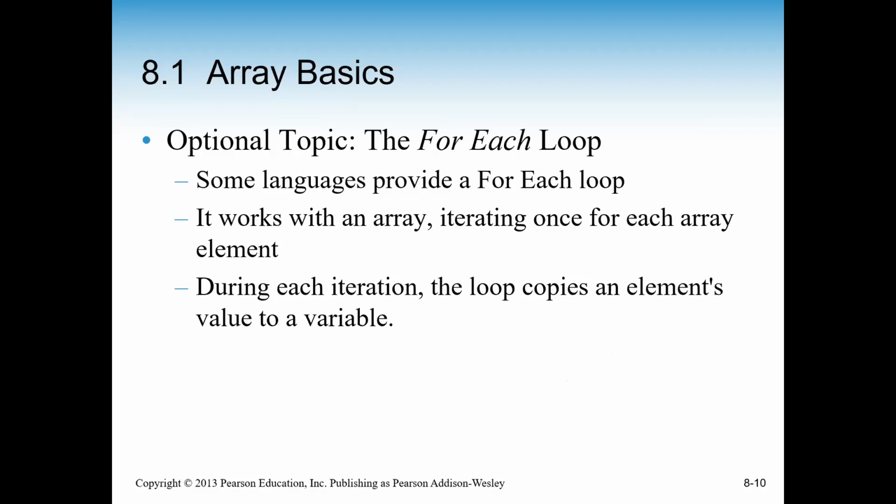All right, so the for each loop, this is another approach. It's another type of looping. Python doesn't really have anything for that either, but as I said, VB.NET, languages like that do have it. So some languages provide a for each loop.